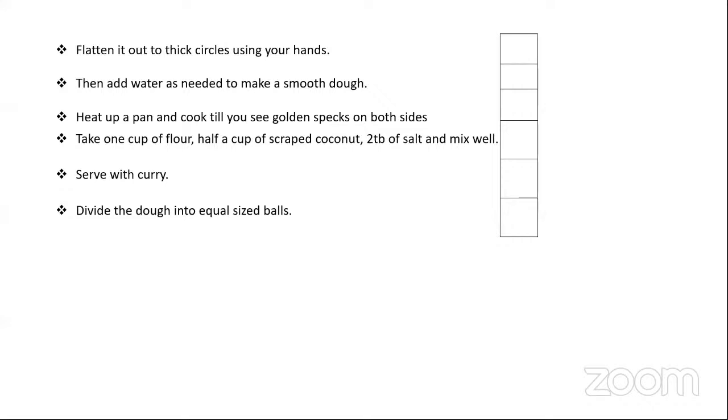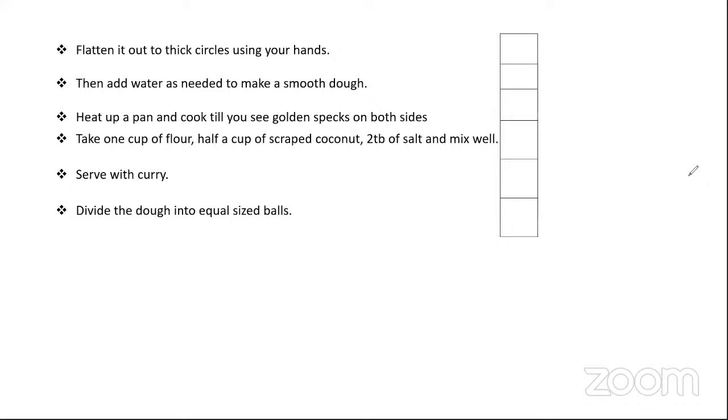Now I have written the steps, Putes, but you have to rearrange them. What comes first? What comes second? What is the first step? Put number 1 there. For the second step, number 2 there. Just remember the pictures of the steps, and put the numbers according to the steps. I will read it for you.